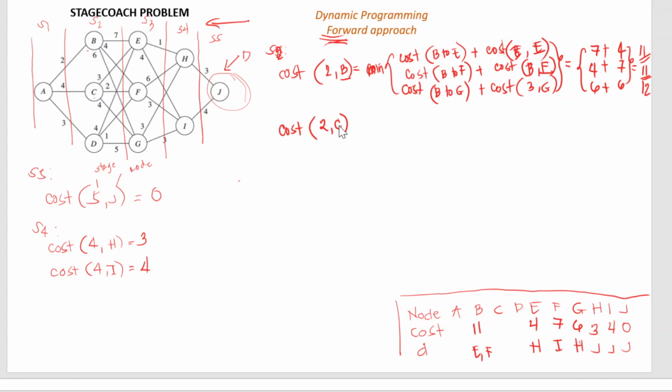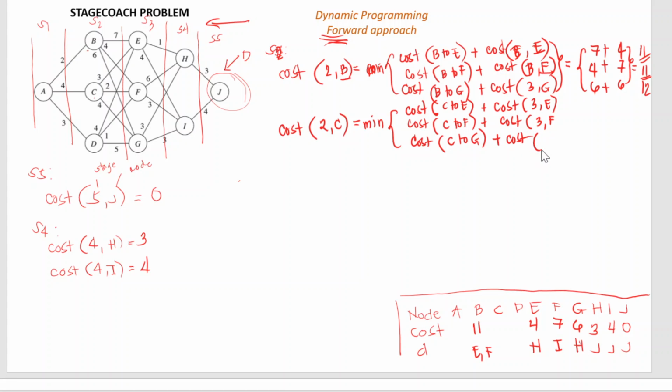2C. Okay? So, the cost of 2C, again, is the minimum of the cost of C to E plus the cost of 3E, the cost of C to F plus the cost of 3F, then the cost of C to G plus the cost of 3G.